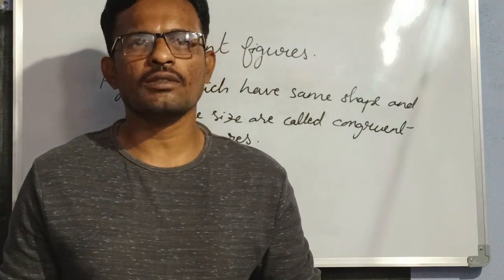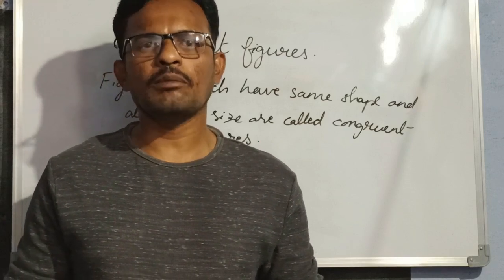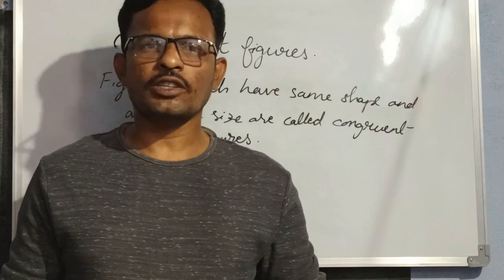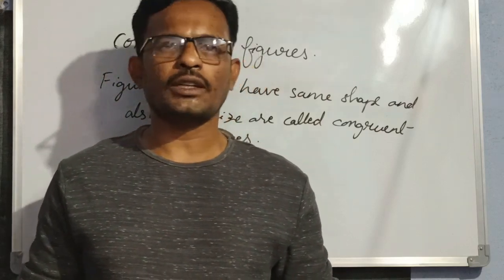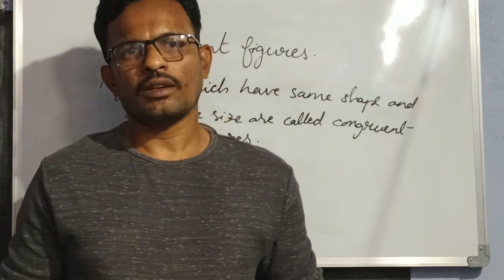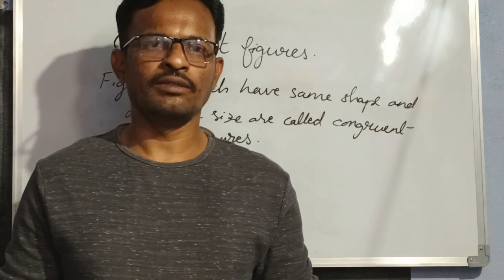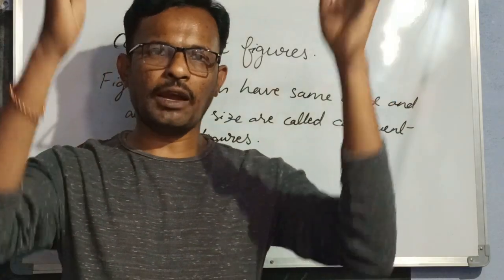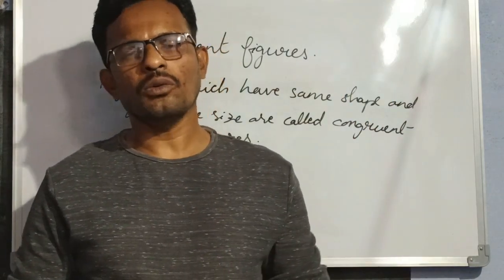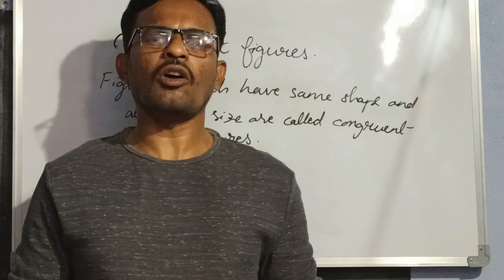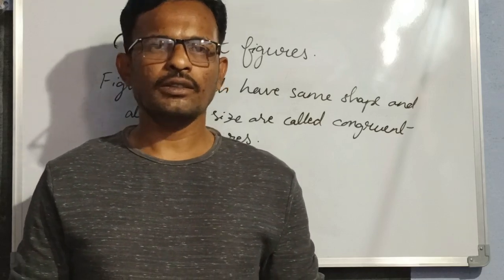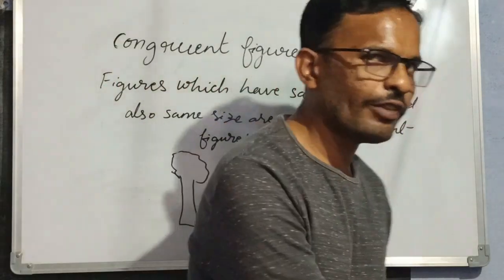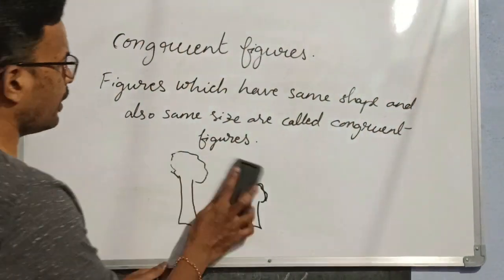When you are traveling in buses or going somewhere, in your journey you might be observing coconut trees in gardens, and all will be of the same height. So there we can observe that they are congruent figures. Clear? Now let us know about similar figures.